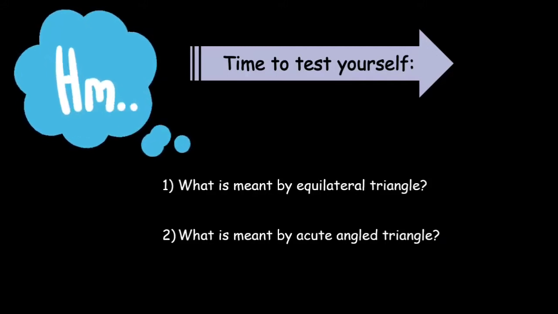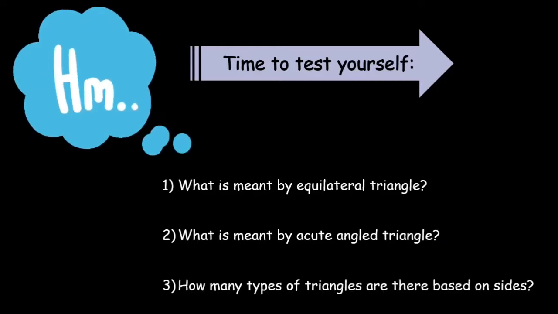Very good. A triangle with all three acute angles is called an acute angled triangle. And the last one, can anyone tell me how many types of triangles are there based on sides? Very good. There are three types of triangles based on the sides.